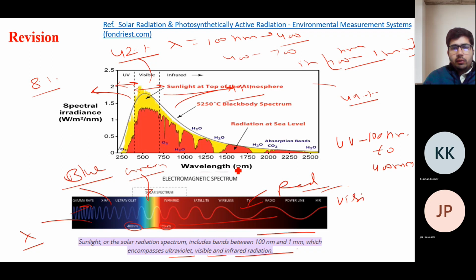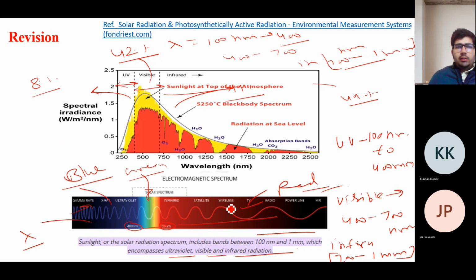The visible light is from 400 to 700 nanometers, and for infrared it is 700 nanometers to 1 mm. So these are the ranges.